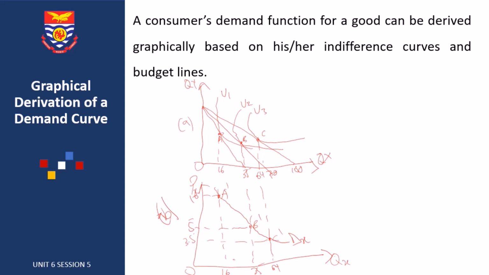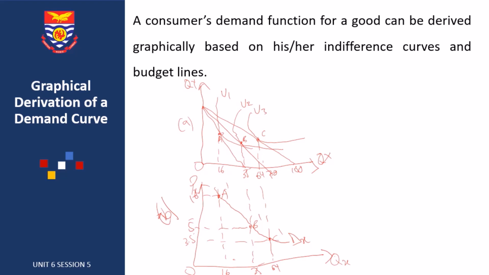So consider a consumer whose indifference curves and budget lines are shown in diagram A on the top. And assume that the consumer has 350 Ghana cedis to spend on products X and Y. The initial price of X is 10 cedis, the initial price of Y is 5 cedis.